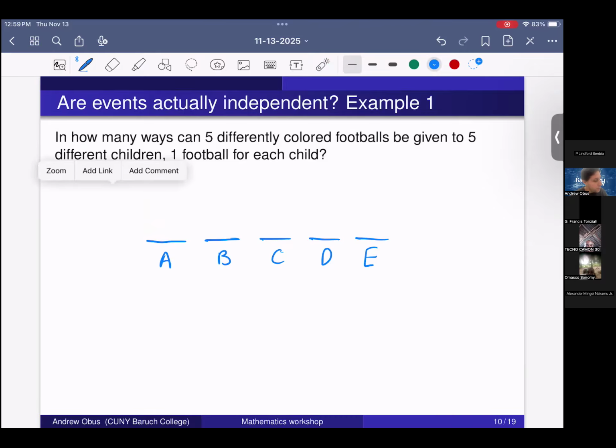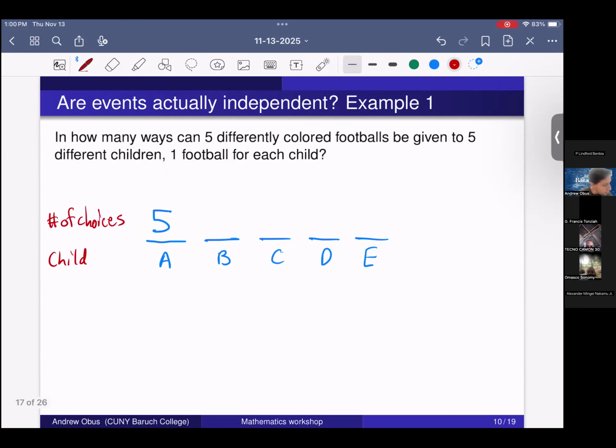So that's five choices. So now I'm going to write here child, and I'm going to write here number of choices. Okay, these are not fractions. These are just like slots. I don't mean 5 over A. Don't read this as a fraction. I'm saying you've got child A, you've got five choices.